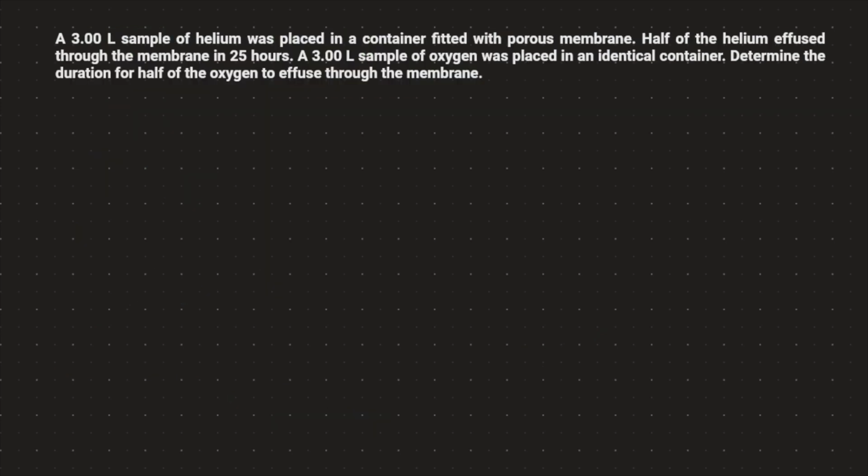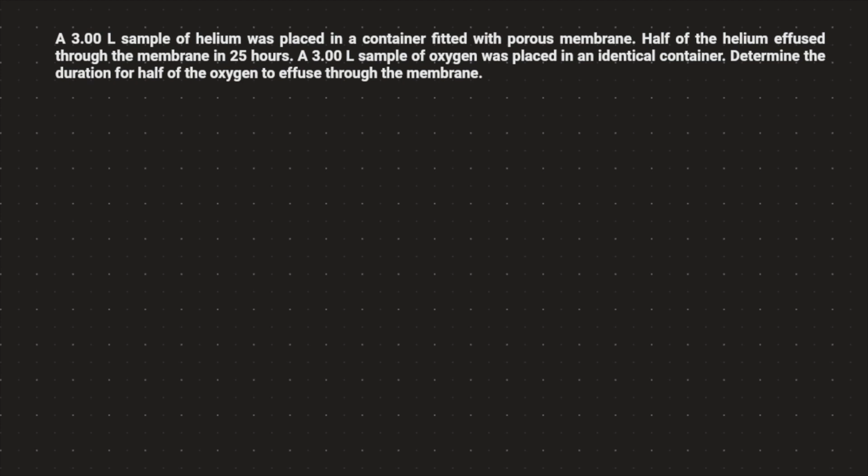Question number 2. A 3-liter sample of helium was placed in a container fitted with a porous membrane. Half of the helium effused through the membrane in 25 hours. A 3-liter sample of oxygen was placed in an identical container. Determine the duration for half of the oxygen to effuse through the membrane.